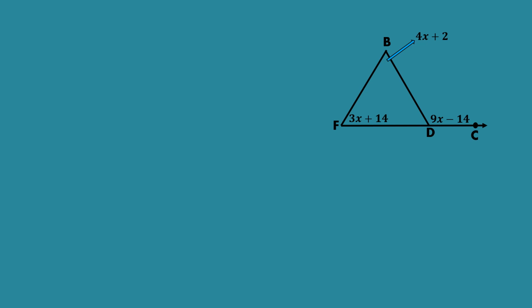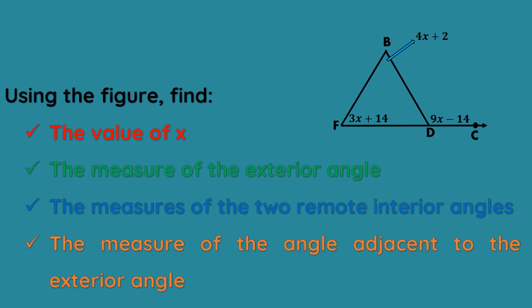Let's use this figure in finding the value of x, the measure of the exterior angle, the measures of the two remote interior angles, and the measure of the angle adjacent to the exterior angle.